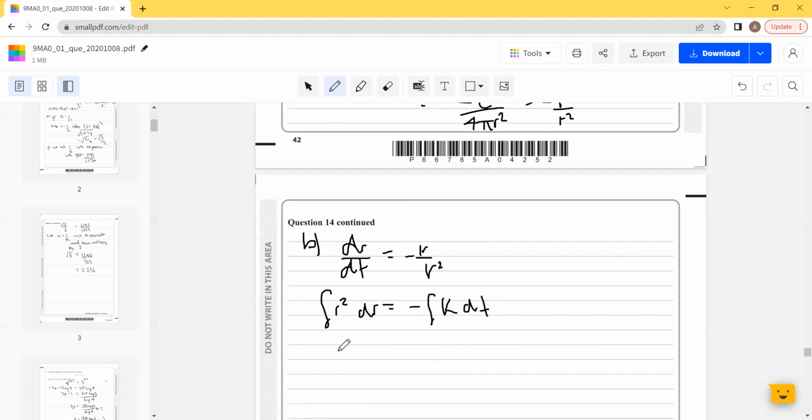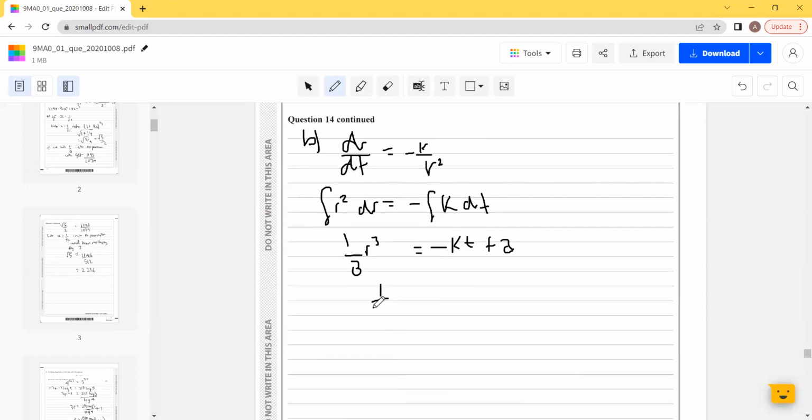So 1/3 r cubed is equal to minus kt plus, let's say, alpha. Okay, so now I'm going to say that when t is 0, r is 40.